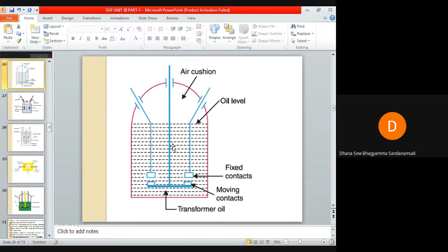You can see this in the image. This air cushion will also absorb the mechanical shock produced due to upward oil movement.